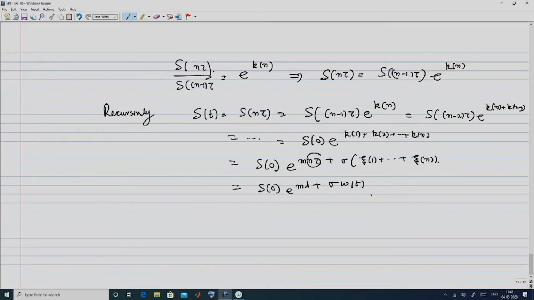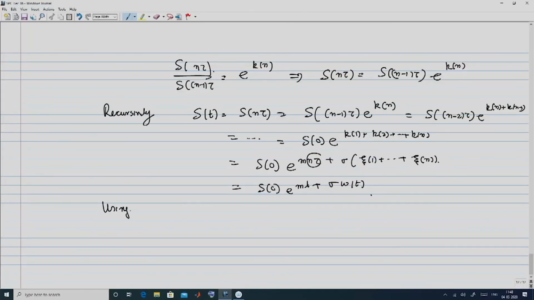Okay, so now we will make a Taylor series approximation. So, using the Taylor series expansion, what do I get? I will get that S of n plus 1 tau over S of n tau is e raised to k n plus 1, and I assume that k n plus 1 is small.